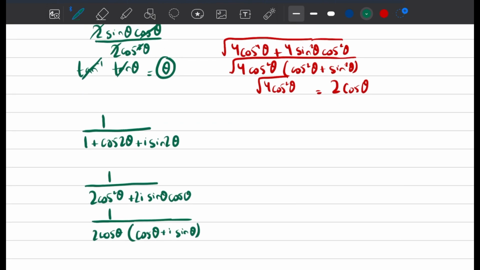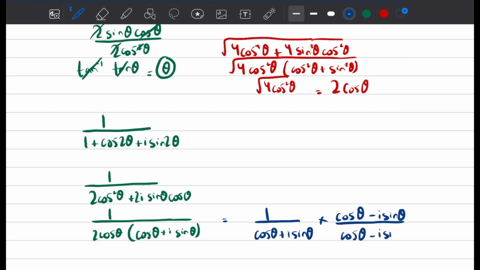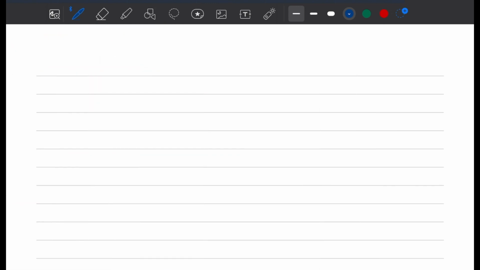Okay, now let's ignore 1 upon 2 cos theta and let's try solving this part. Cos theta plus i sin theta. You're going to multiply this by its conjugate, cos theta minus i sin theta divided by cos theta minus i sin theta. So it's going to become what? Cos theta minus i sin theta divided by cos square theta minus i square sin square theta.